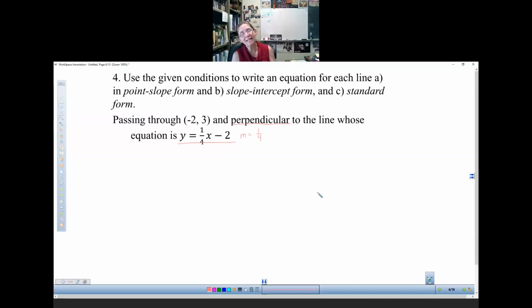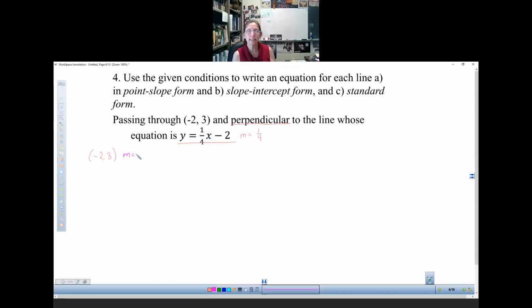But is that the slope that I want to use for this problem? So I'm going to use the point -2, 3. And I need you to tell me what the slope of the line I want to write the equation for is. The slope of this line is 1/4, and I want to write the perpendicular one.